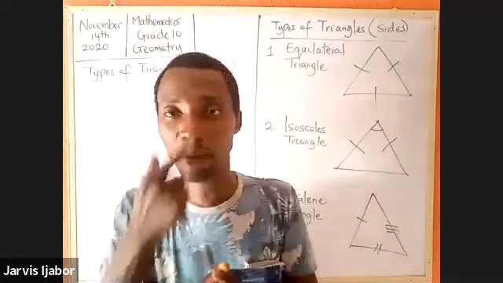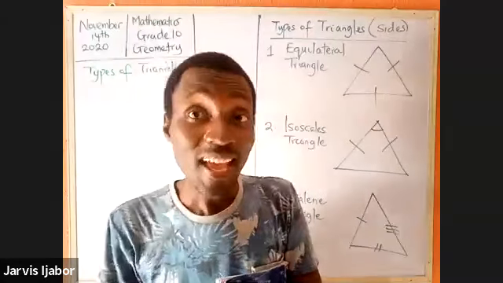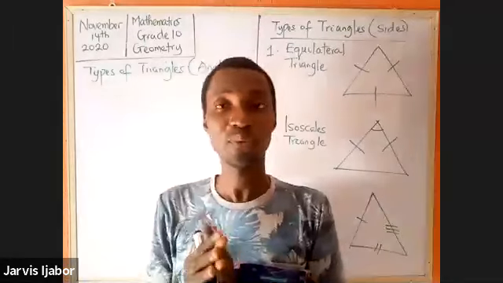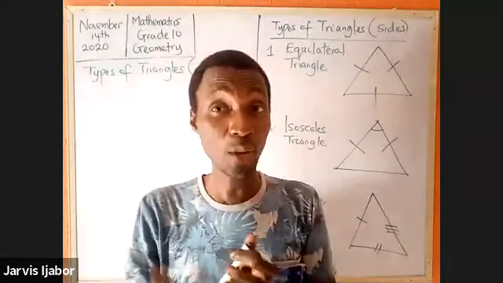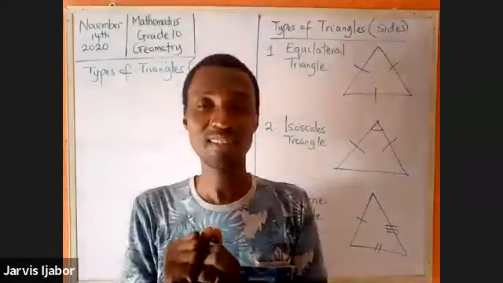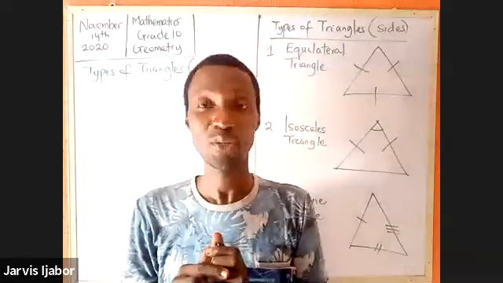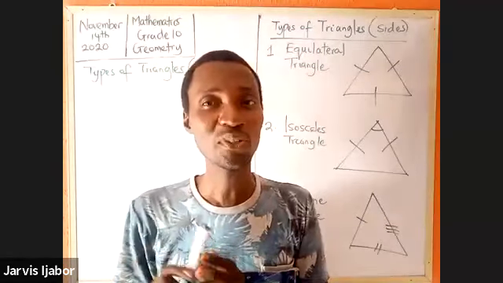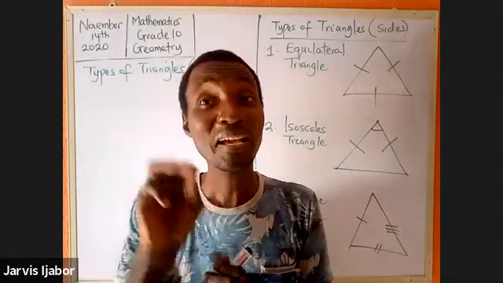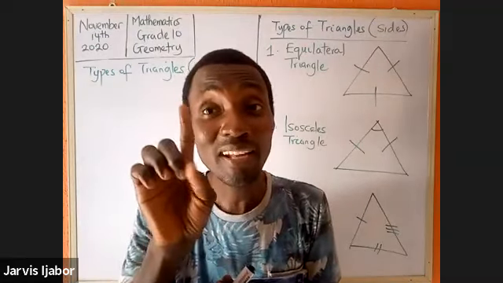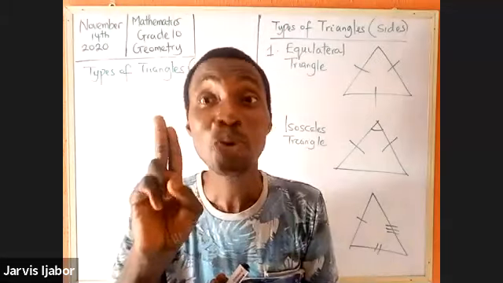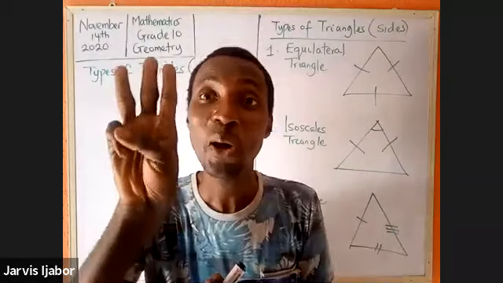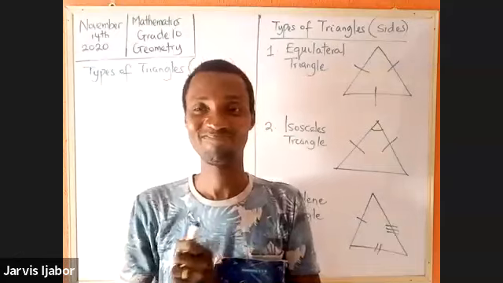I can't call a triangle reflex. I can't call a triangle a straight line, because I'll need 3 entities to give me that triangle. So it's obvious that the types of triangles can only be 3. Number 1, acute. Number 2, right angle. And number 3, obtuse.